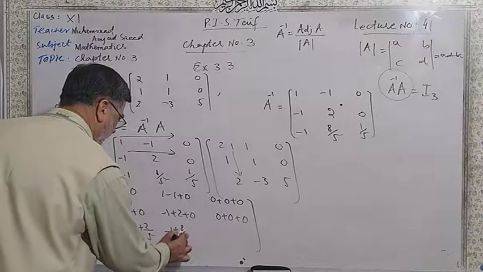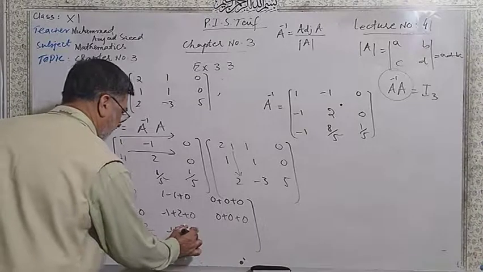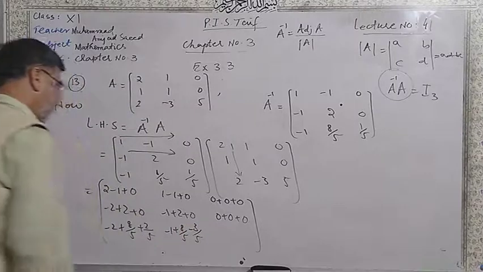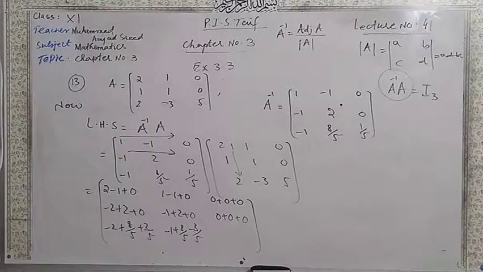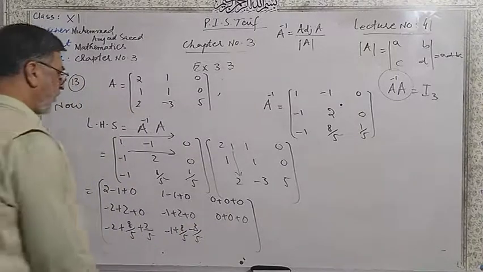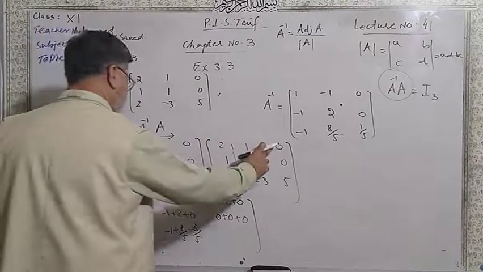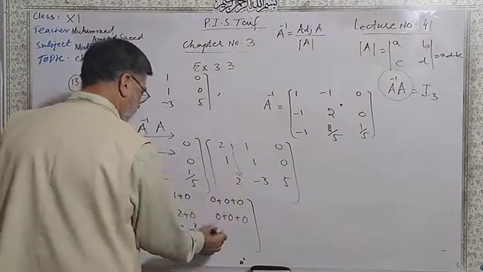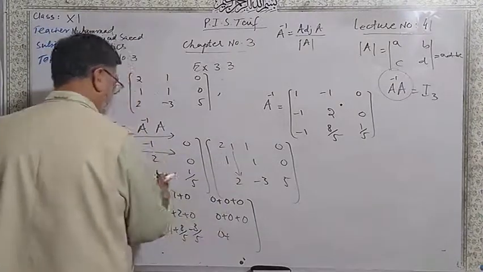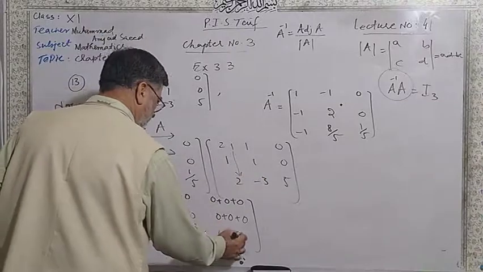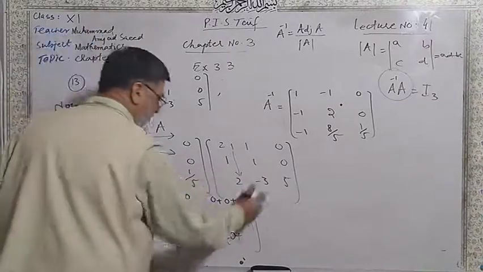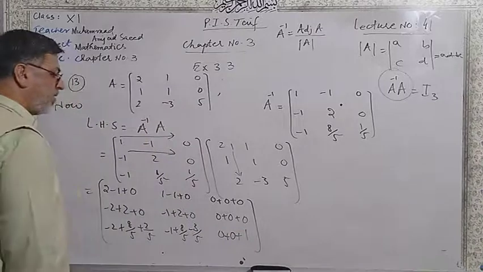Here, minus 1 into 0 is 0, plus 8 over 5 is 0, plus 1 over 5 into 5, 5 over 5 is 1.